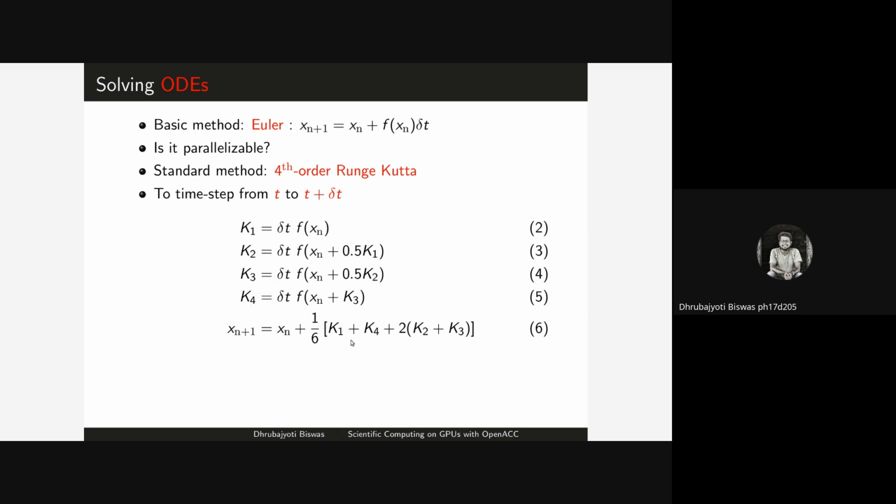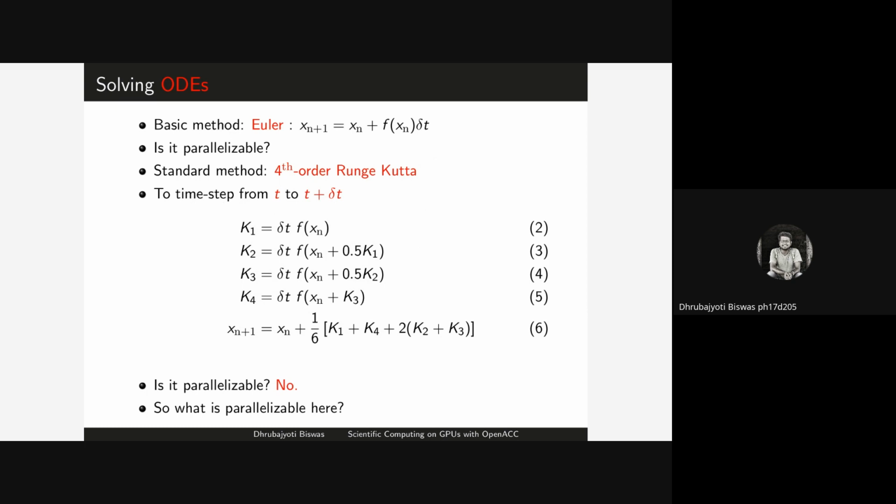So how is this anyway useful? Again, as I said, there are two ways. You might need to solve this problem for many parameter values. In that case, you can parallelize for different parameter values and solve each problem separately.